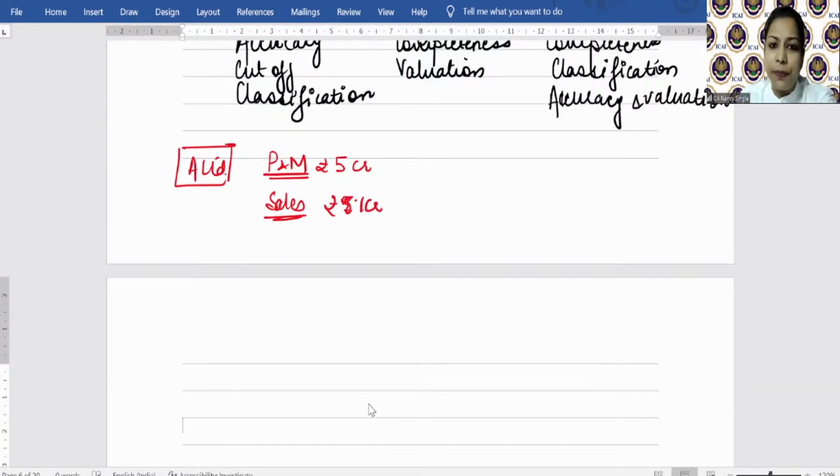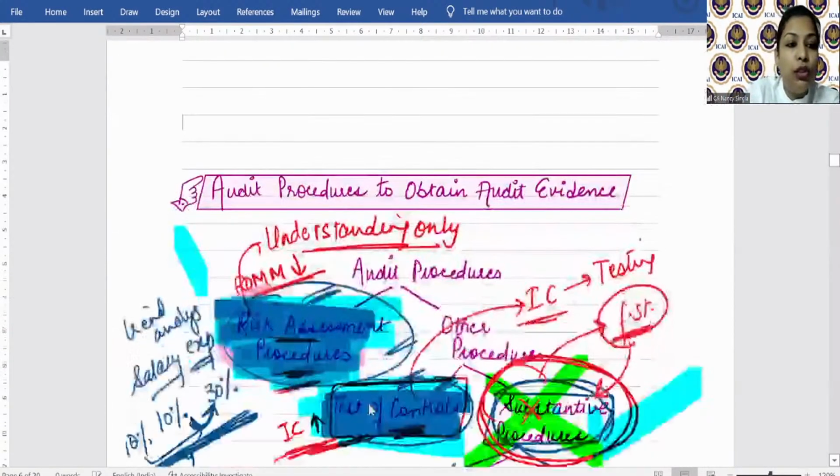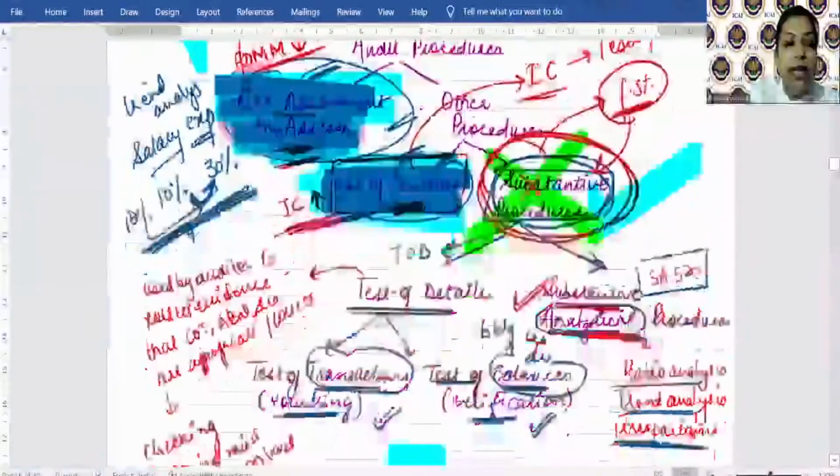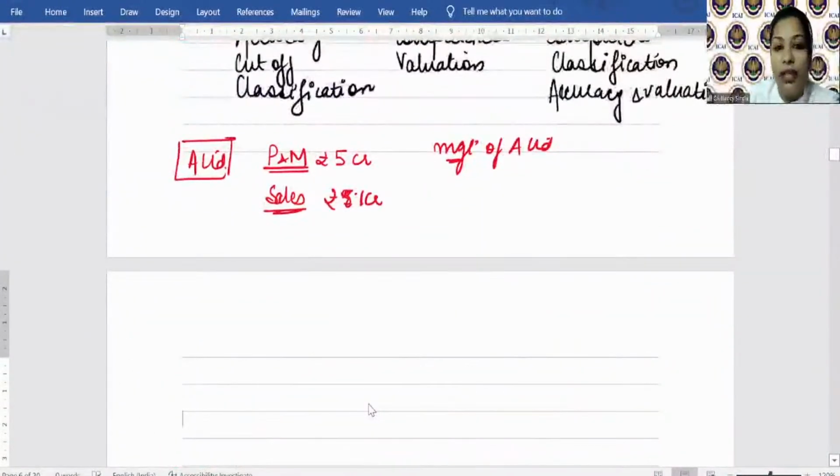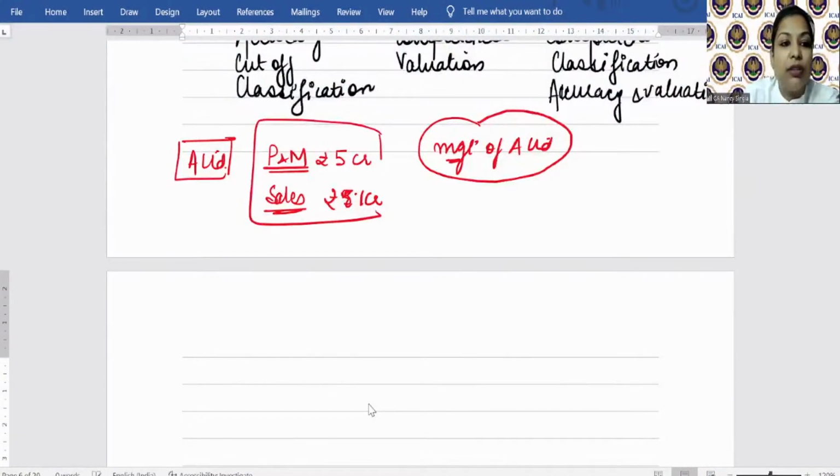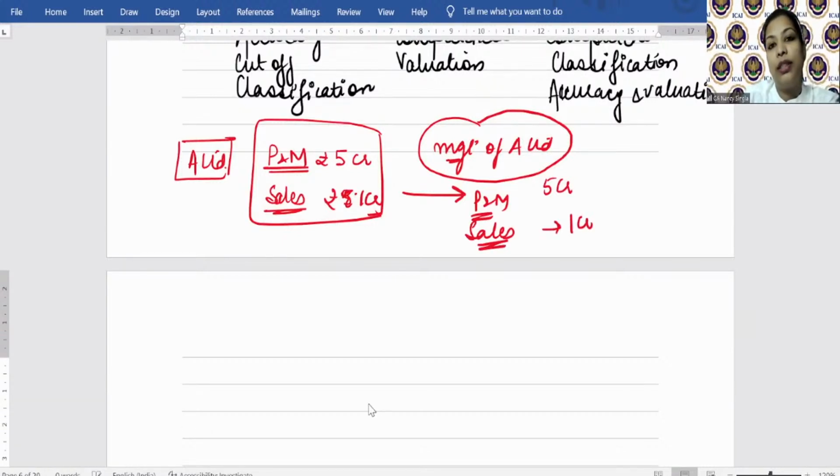Now tell me, if the management of A Limited wants to tell the users of the financial statements of the company, if the management wants to give this information that see, the company is having plant and machinery and the value as on 31st March is what? 5 crore, the historical value. During the year, the sales that occurred were rupees 1 crore.